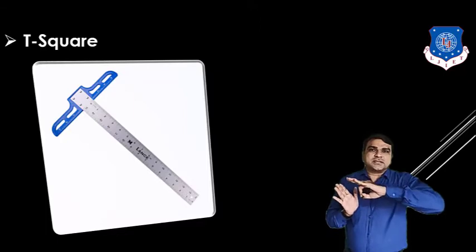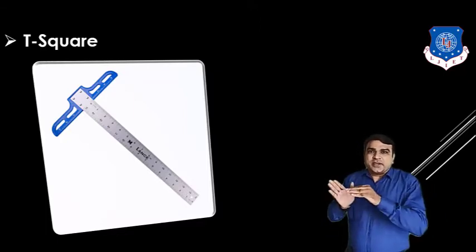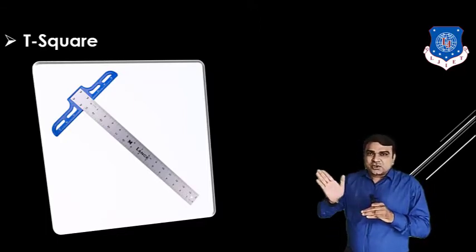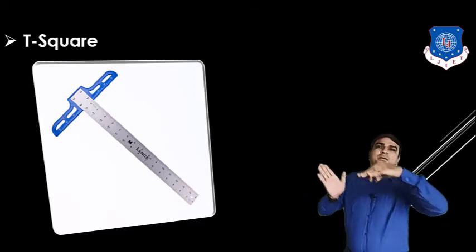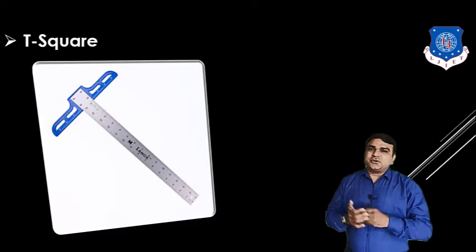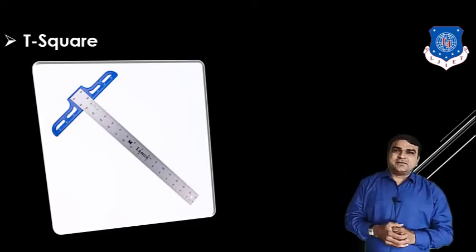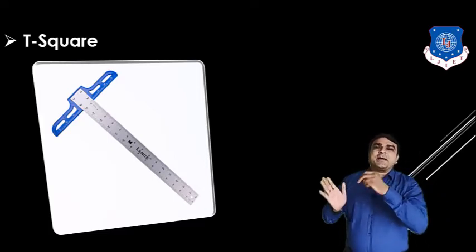It always lies on the surface of the paper. When you slide the stock on the working edge, the blade also moves parallel on the sheet. So with the use of T-square, you can draw horizontal parallel lines.